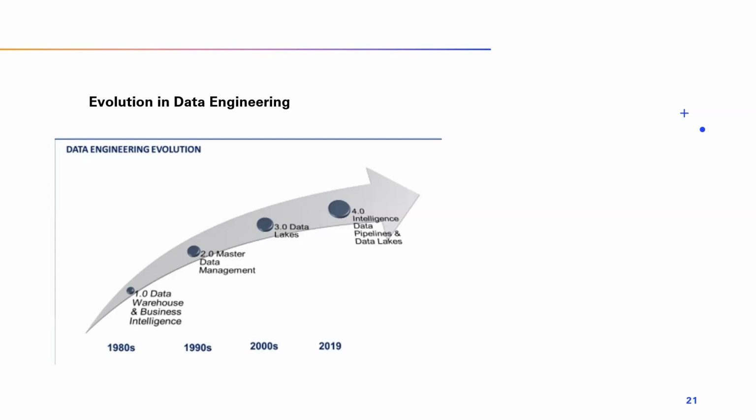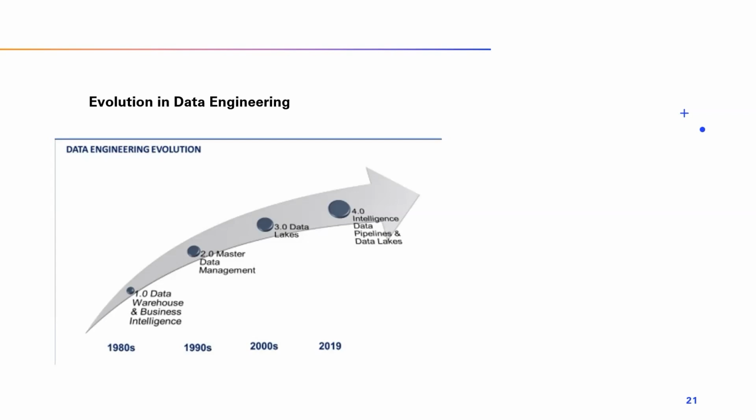Then they started creating a few values. Then they had some data, but they were not able to manage it. That's how master data management came, because they built a lot of data duplication into their systems, and they were not able to manage those things around the 90s, so they created MDM solutions.